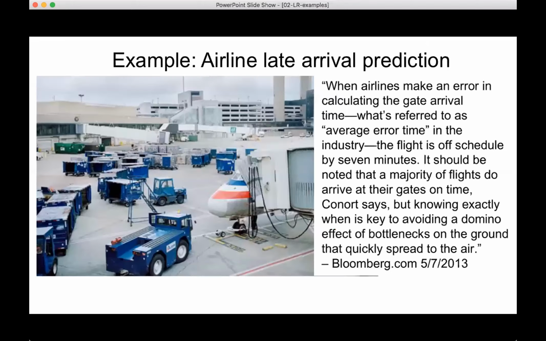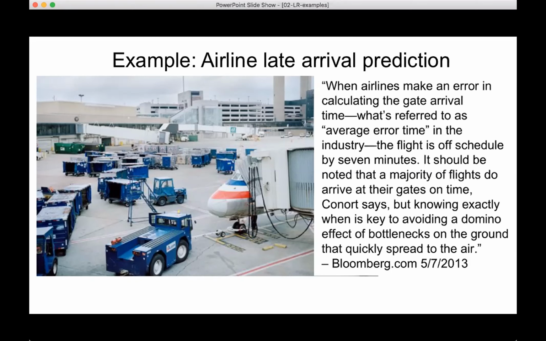All right, so what is linear regression all about? Well, let me give you a few examples. One is this airline problem. Airlines need very badly to be able to predict when a flight will arrive late. Now, you probably don't even barely remember what an airplane is these days, but this story from Bloomberg from 2013 says that even a very small error in the prediction of whether or not the flight will be late arriving at the gate can have a lot of knock-on effects that can be extremely costly.